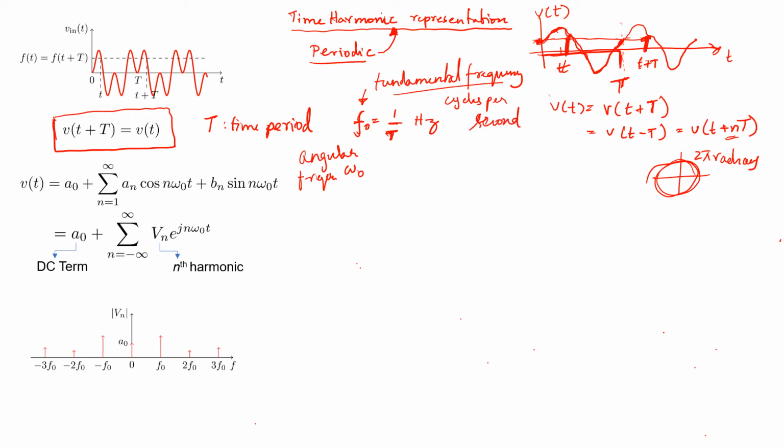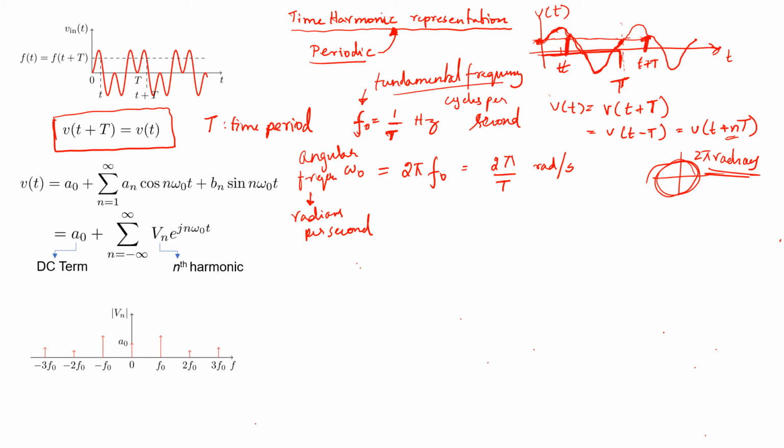And the same thing can be written in terms of angular frequency, which is the number of radians per second. Since one cycle has 2 pi radians, this is going to be 2 pi times that many cycles per second, which is 2 pi f naught, and it is going to be 2 pi upon T. And that unit is going to be radians per second, unlike hertz, which is cycles per second.